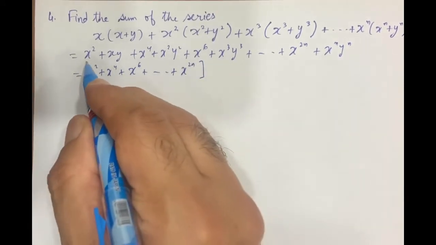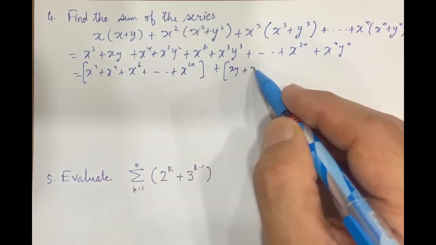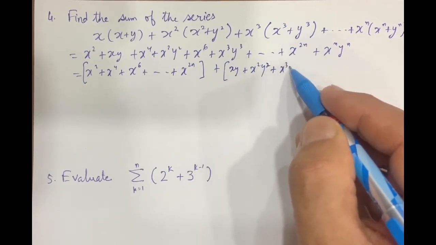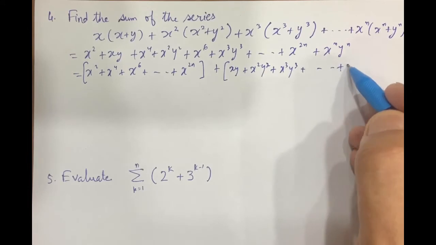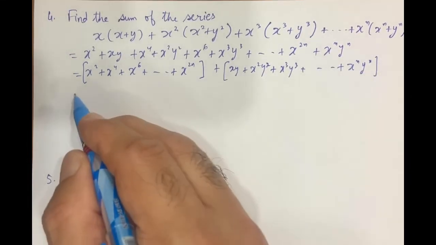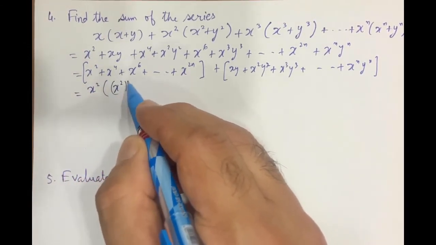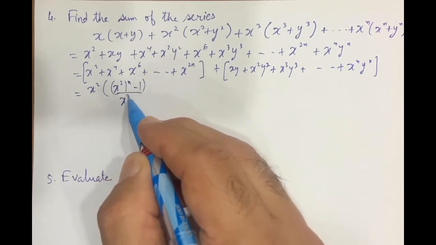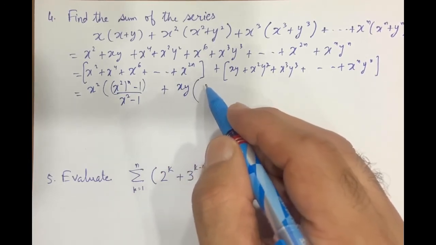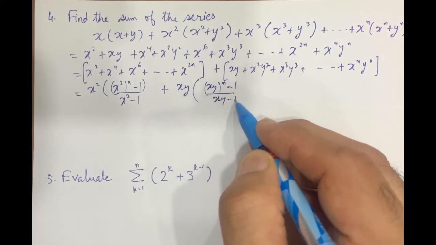We write it in one bracket because they form one GP, and xy plus x square y square plus next will be x cube y cube and so on up to x raised to n y raised to n. This is the second GP. So this is x square, the common ratio is x square, so x square raised to n minus 1 upon x square minus 1. First term xy, into common ratio also xy, so xy raised to n minus 1 upon xy minus 1.